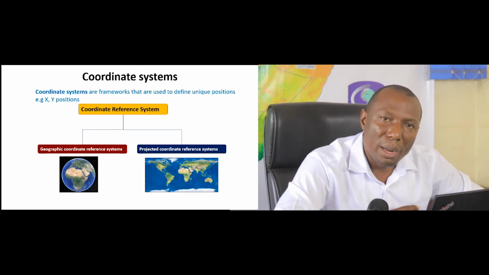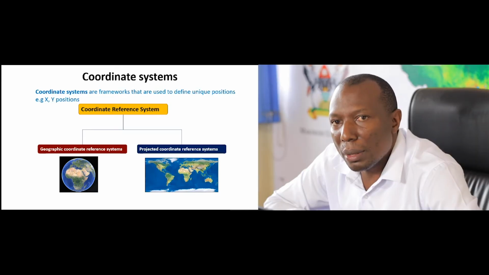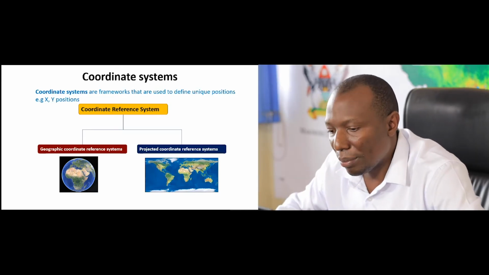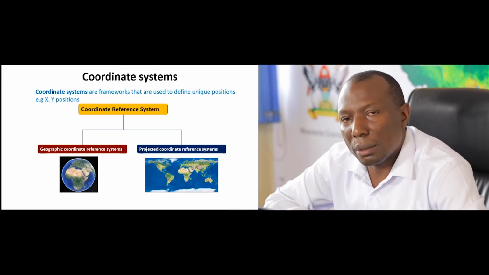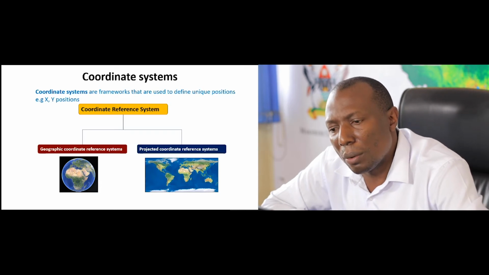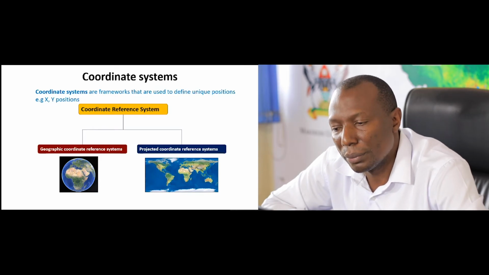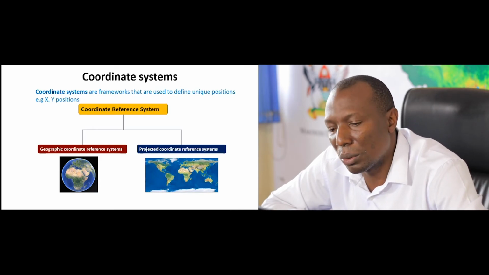Why do we prefer to work in meters? With meters, we are able to determine accurate scale, distances, and area. But then you know that degrees are not units of measurement. What is critical here also for everybody to understand is that in GIS we have datums that we normally use to orientate ourselves from the origins of the latitude and longitude.